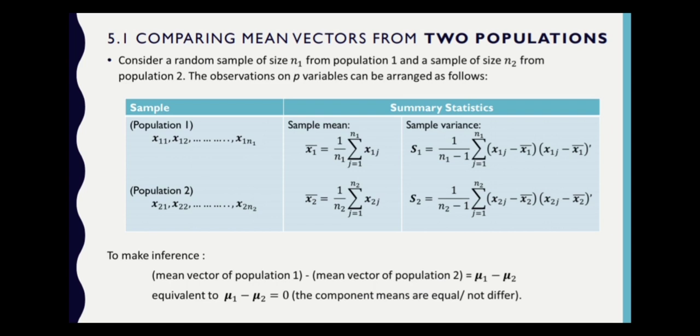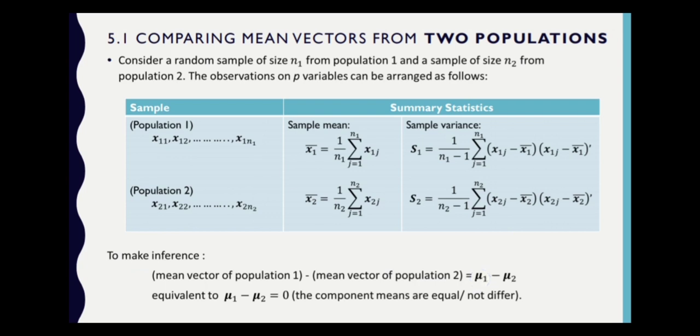Kita tengok the difference between first mean and the second mean. Cuma bezanya dalam multivariate ni kita akan ada vector. Sebab dalam first population dan second population kita akan ada beberapa variable, multivariate. Okay, so sebab itulah kat sini dia bold.